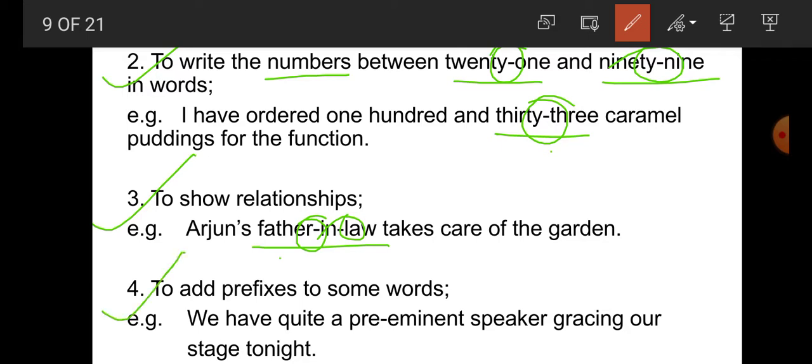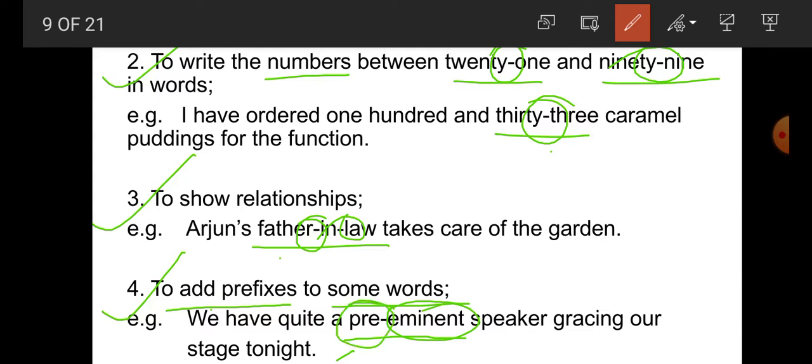Now number 4, to add prefixes to some words. For example, we have quite a pre-eminent speaker gracing our stage tonight. So here we have got that a prefix is added to some word. What is the word here? Eminent. And what is the prefix here? Pre.